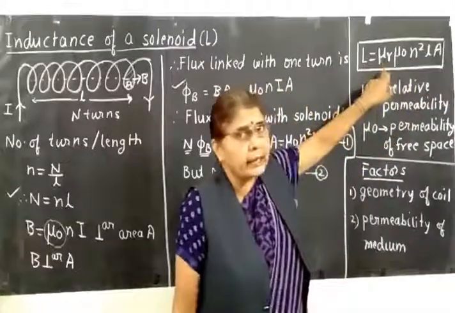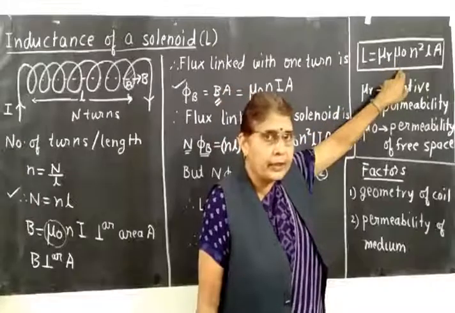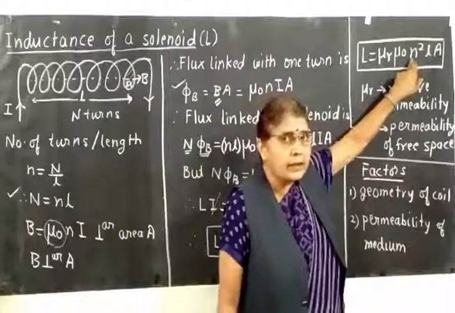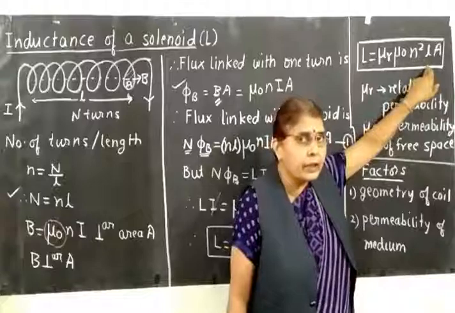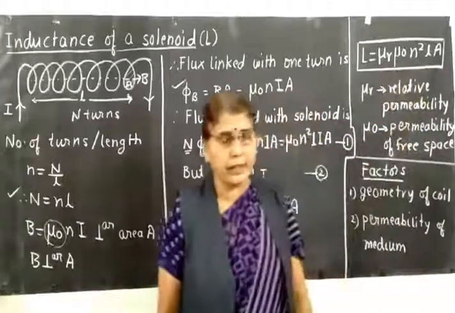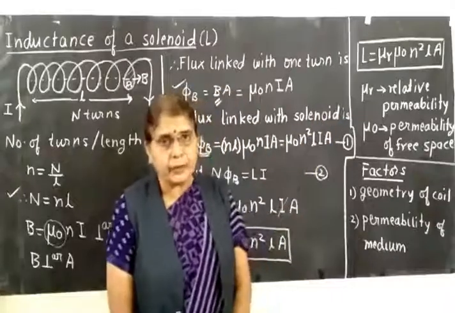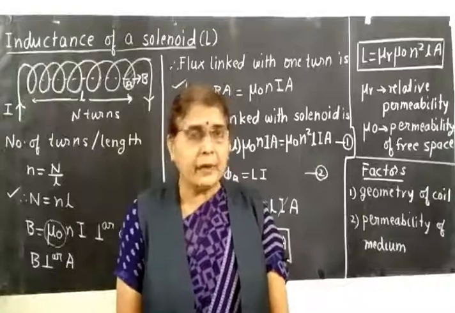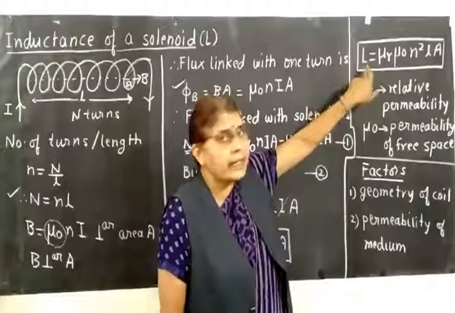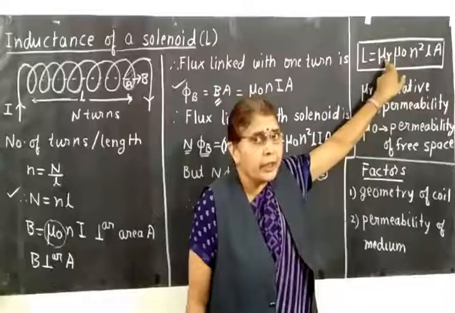Mu r is called the relative permeability of the medium. Mu 0 is permeability of free space. n is number of turns per unit length, l is length of the solenoid, and A is area of cross section. So this is the final equation for the inductance of a solenoid. If you observe the equation, you can tell me what are the factors on which L depends. So L depends upon the permeability of the medium.